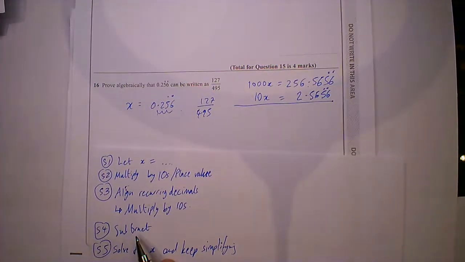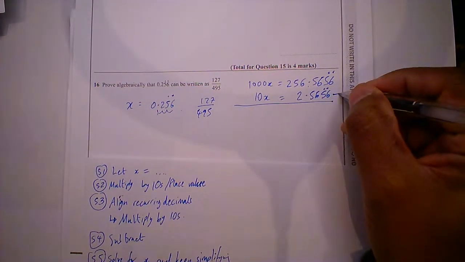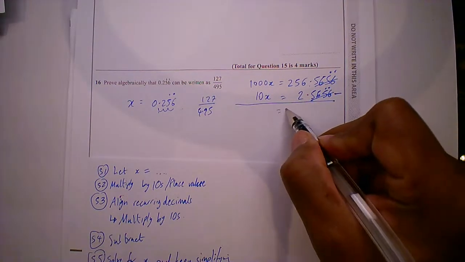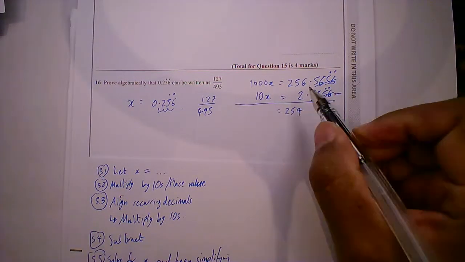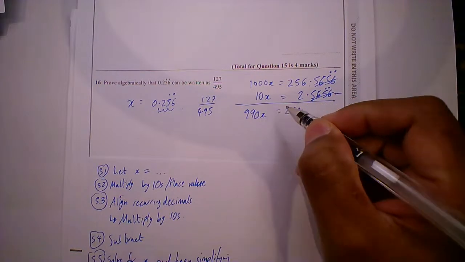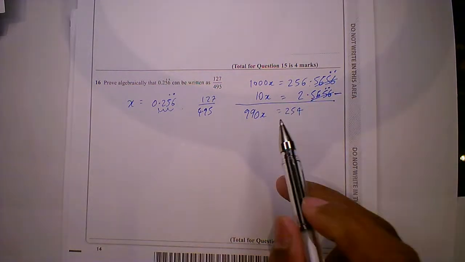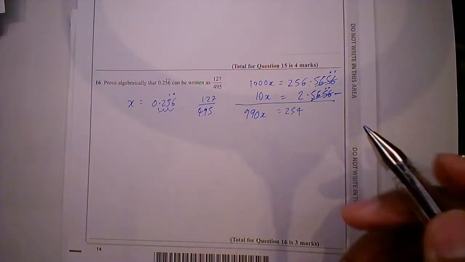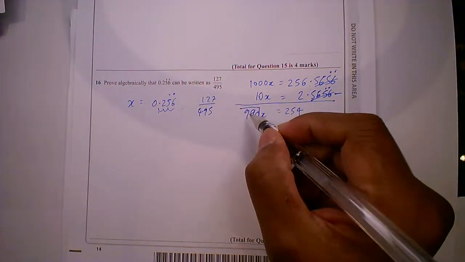Now I need to do my subtraction. So these cancel. 256 take away 2 is 254. 1000 take away 10 is 990. Remember to do it in your mind. Typical mistake is 999.